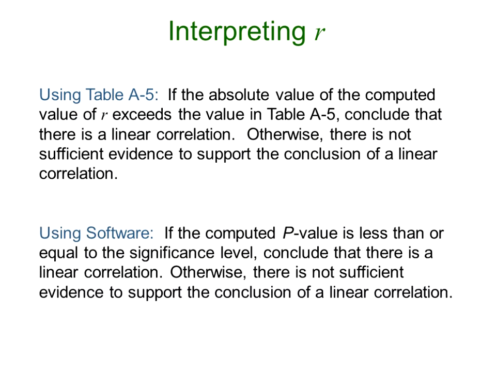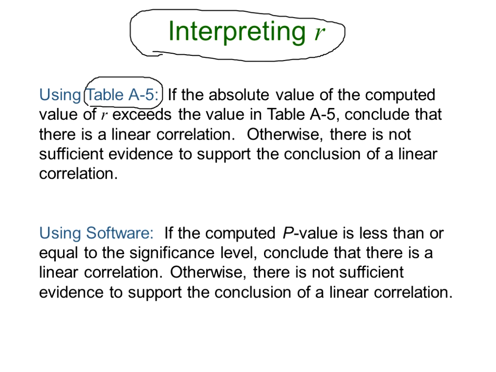Okay, so we have our value for R, which measures the strength of your linear relationship or your linear correlation. The way we interpret R, well, either you're using table A5, which is where your critical values are, or you're computing a p-value.